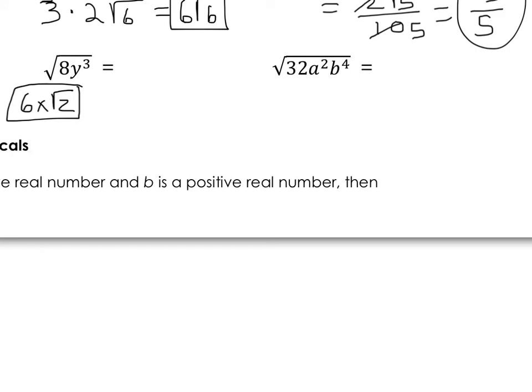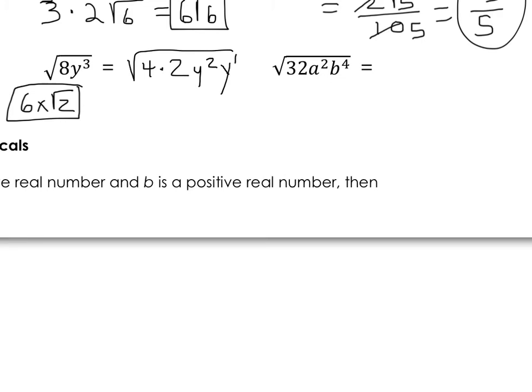So 8y cubed. All right, let's think about this. 8 is 4 times 2. So that's okay. I can't take the square root of y cubed. I wish it were y squared, because I know the square root of y squared is just y. Can I factor y cubed into y squared times y to the first?